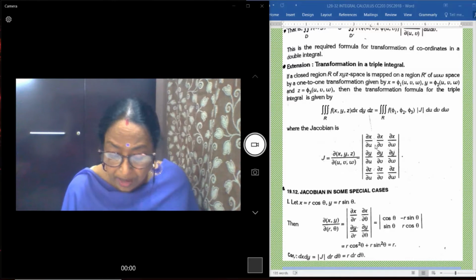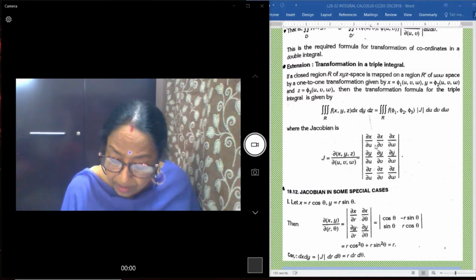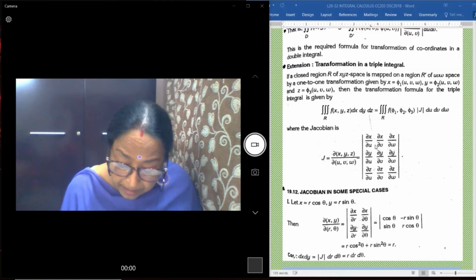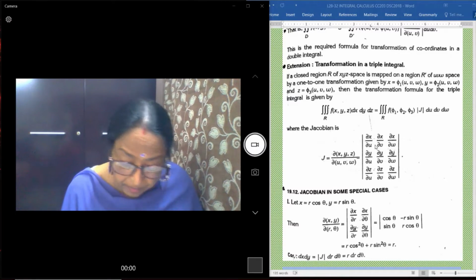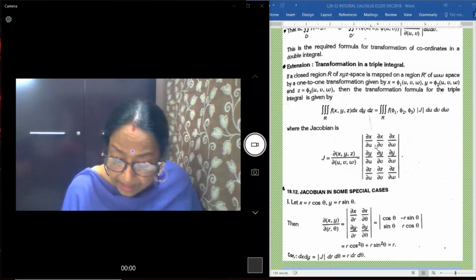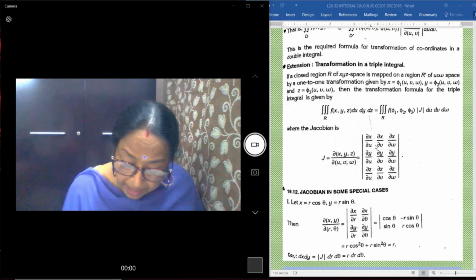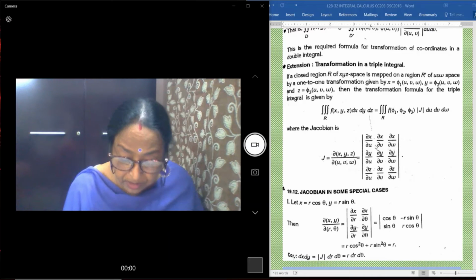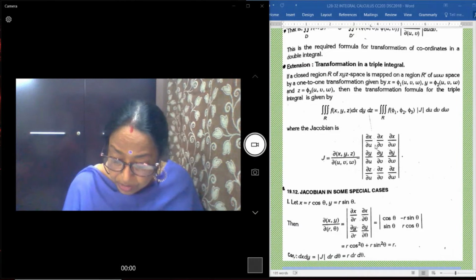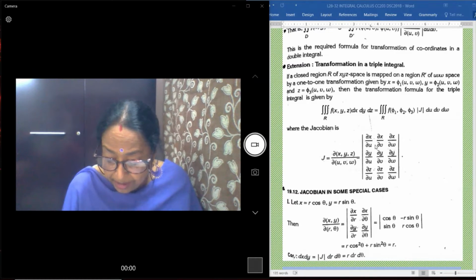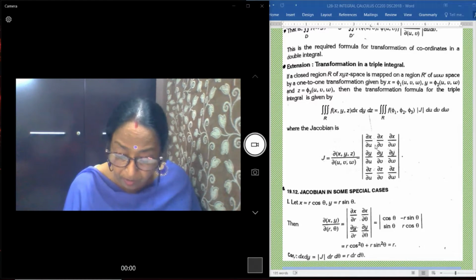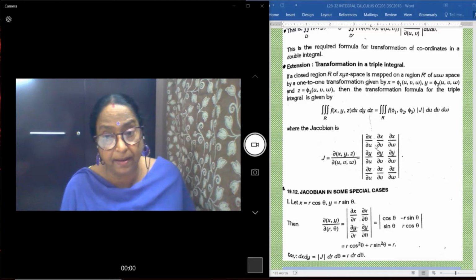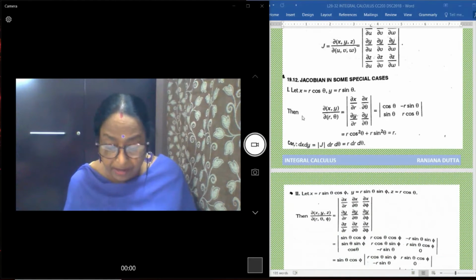If x is equal to r cos theta, del x by del r will be cos theta, del x by del theta will be minus r sin theta, del y by del r will be sin theta, and del y by del theta will be r cos theta, and after calculation it becomes r. So dx dy can be written as the Jacobian times dr d theta, and here the Jacobian is r.